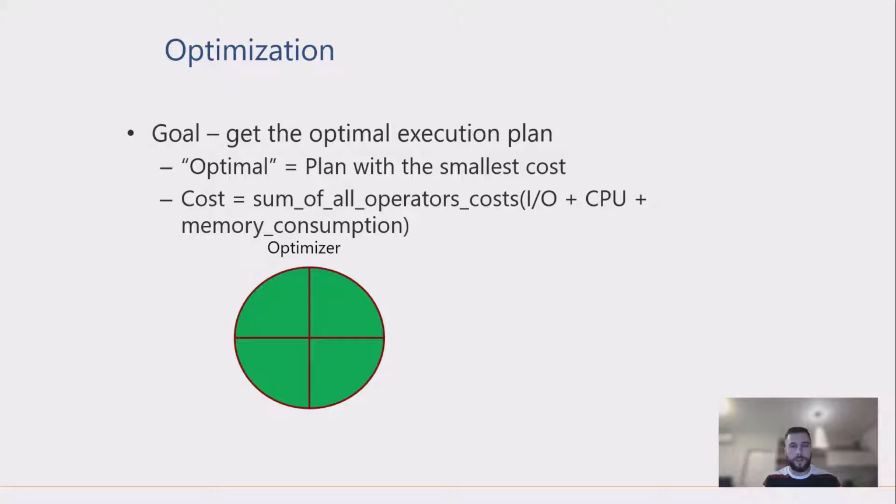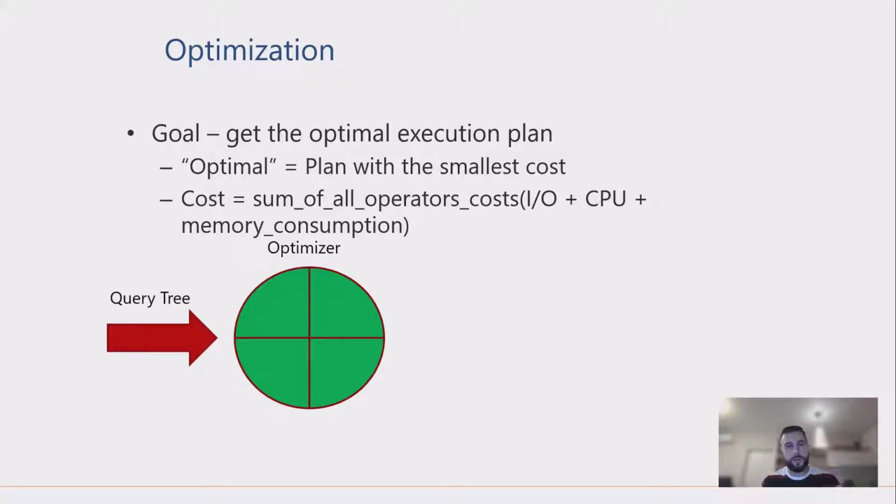And SQL Server tries to do an estimate for I/O, CPU, and memory consumption. Actually, estimated CPU can be considered as an actual execution time of the query. And this artificial value, query cost, will be used by optimizer to compare the query plans and choose the best among them.